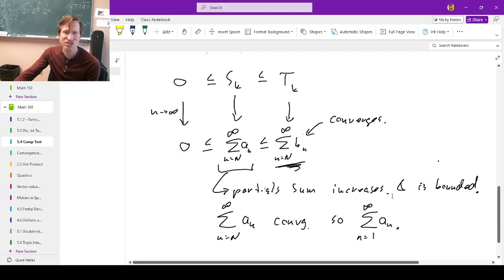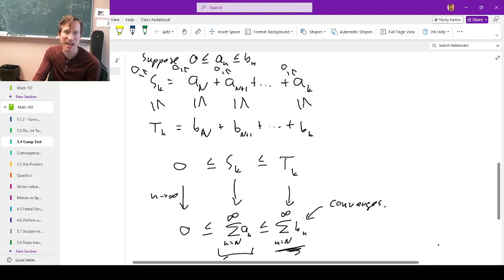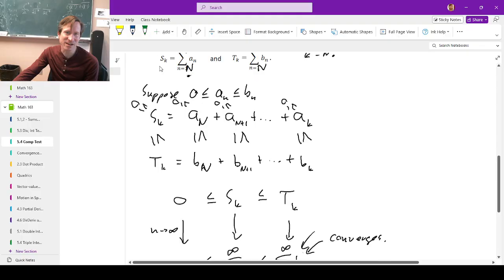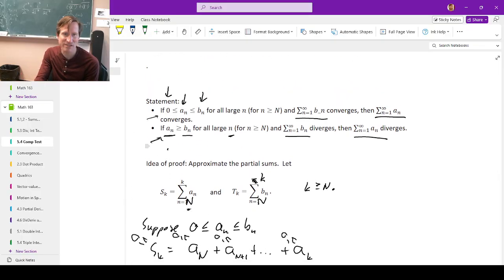So that's just for the case where the a's are smaller than the b's and the series with the b's converges. You can see that the second case of this comparison test, where the a's are bigger than the b's and the series with the b's diverges, is going to be the same argument, but just with all the inequalities turned around and convergence replaced with divergence.